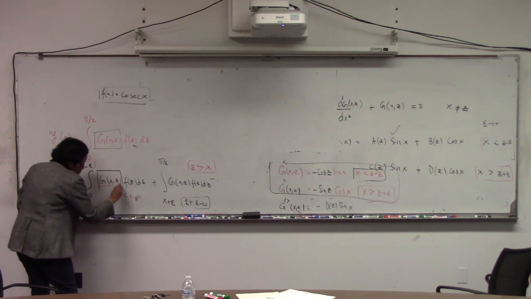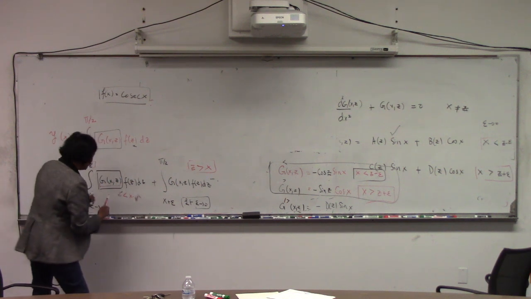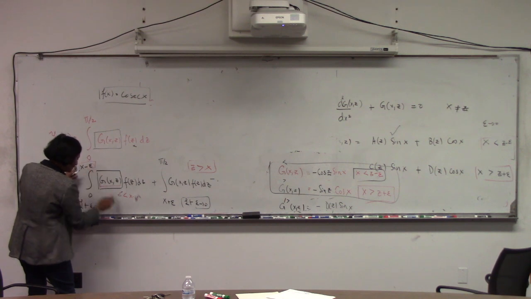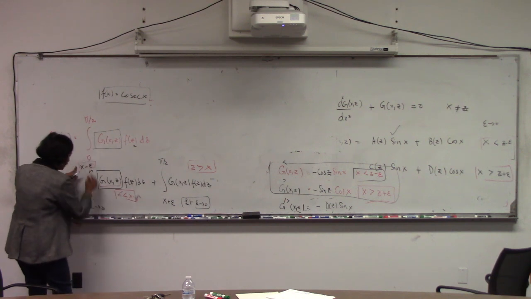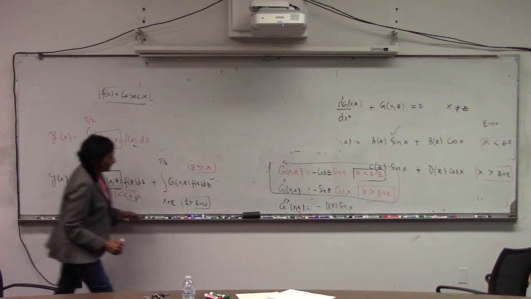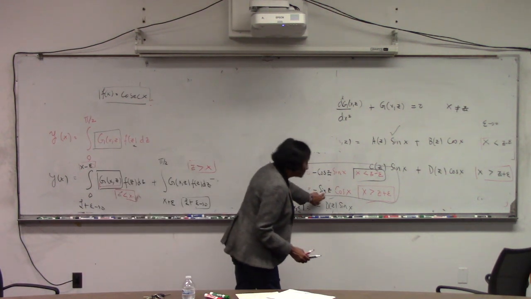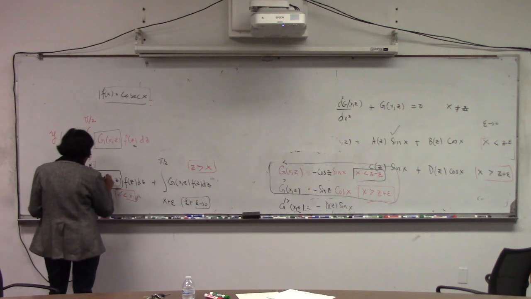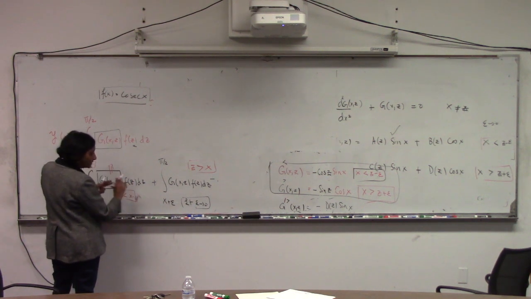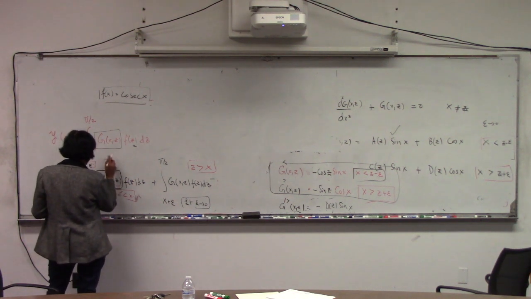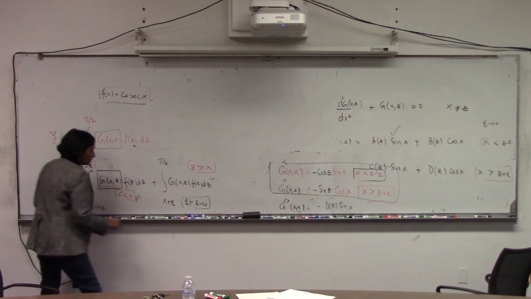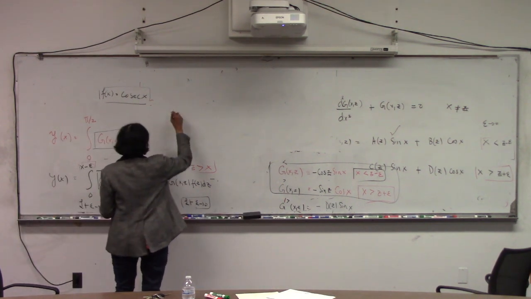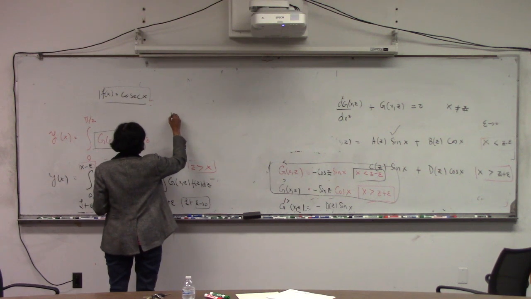So g of x,z, because z is now going from 0 to x, it is less than x, so I have to pick up this functional form. Otherwise you're going to get incorrect results, because there are two variables z and x, and you'll be integrating over the incorrect one. So that is typically a place you have to be careful.